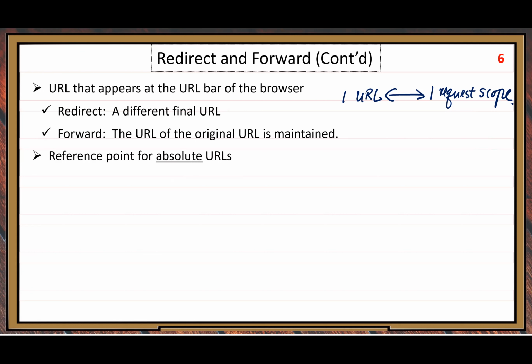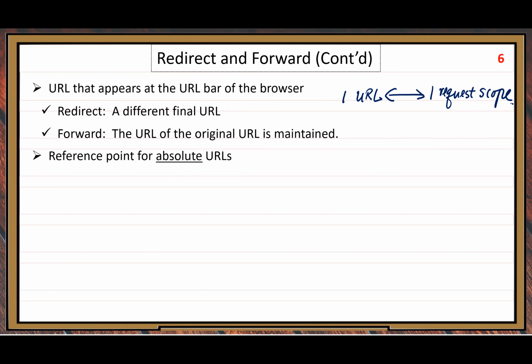Reference point for absolute URL. Now, this part is the hardest part for understanding. For relative URL, it's very easy to understand.